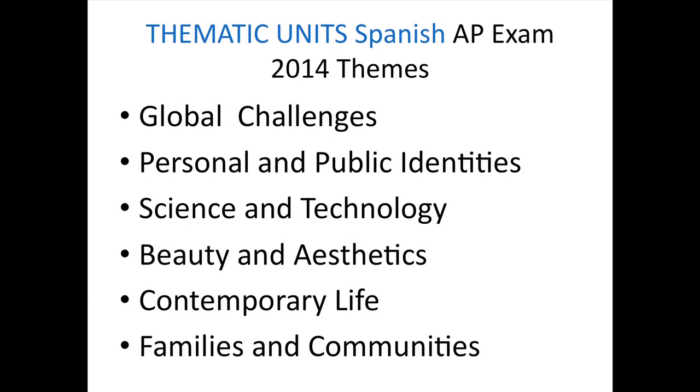This idea of themes has finally taken hold, and the new Advanced Placement Spanish exam is organized thematically. And these are the themes: global challenges, personal and public identity, science and technology, beauty and aesthetics, contemporary life, families, and communities.